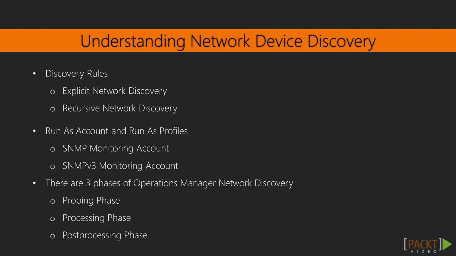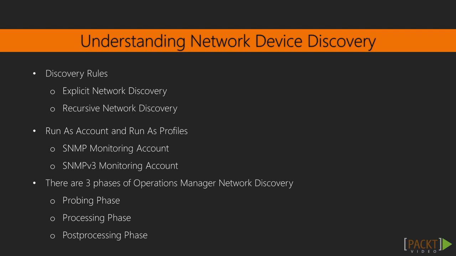With the recursive network discovery, you're going to perform a network scan, and the discovery is going to attempt to find any explicitly specified device, and it will also, using that particular device, use the routing protocol, the ARP table, its IP address table, or topology. It will actually grow a network map that presents all of the available devices for you to monitor.